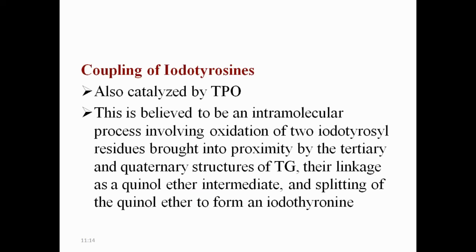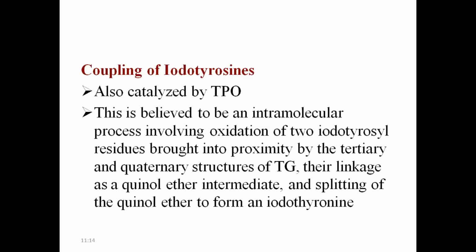MIT means monoiodotyrosine, and DIT means diiodotyrosine. After formation of these iodotyrosines, these molecules link to each other to form an iodothyronine. This entire process is called coupling of iodotyrosines, or coupling reactions, and these coupling reactions are also catalyzed by the thyroperoxidase enzyme.